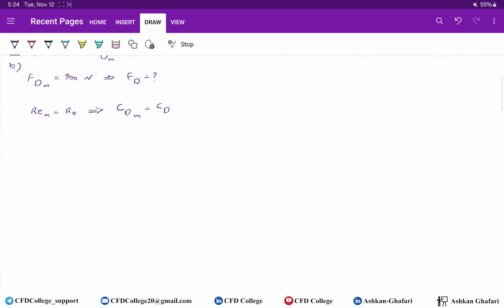Okay, so from this we know that FdM over 1/2 rho m Vm² dm² is equal to Fd over 1/2 rho V² d².